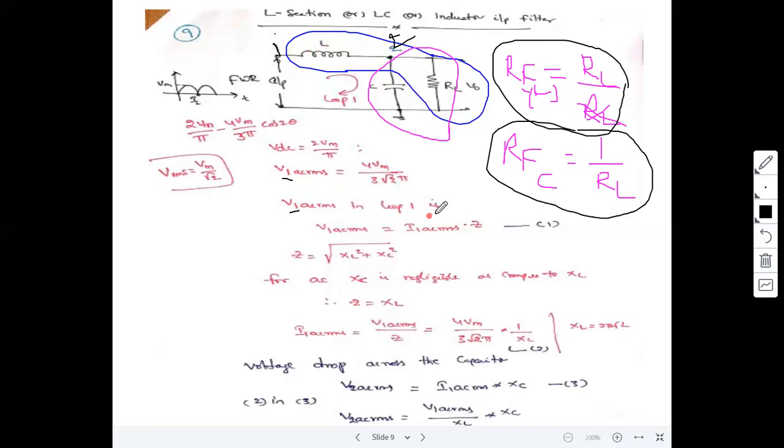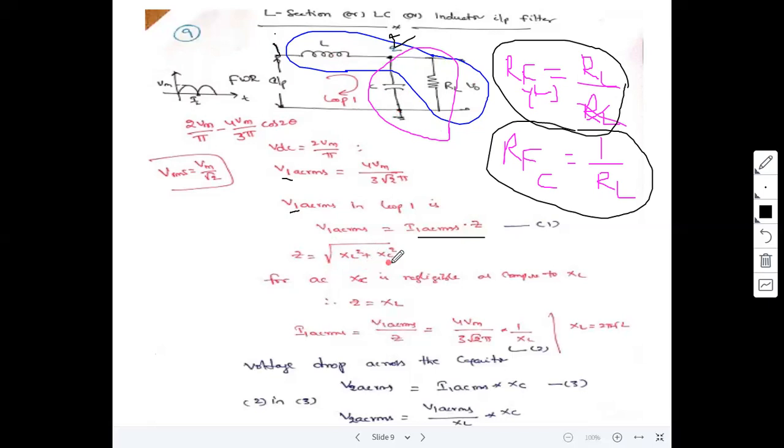Now V1 AC RMS in the loop, in terms of current, is equal to I1 AC RMS into Z. Okay, now what is Z here? Z is equal to root of XL square plus XC square. Why? Because the effect of RL is nullified. Remember this one. It consists of only inductor and capacitor.